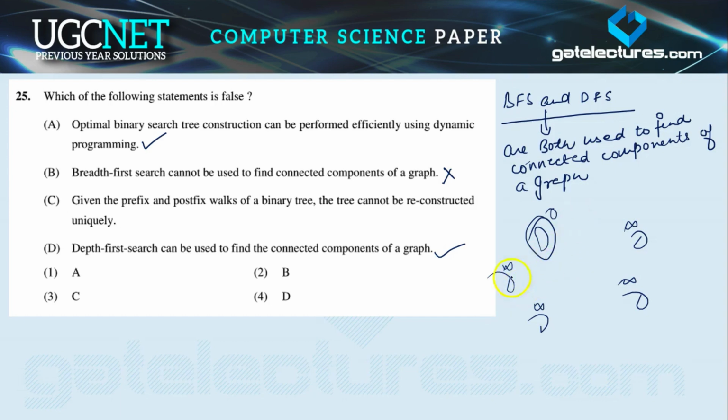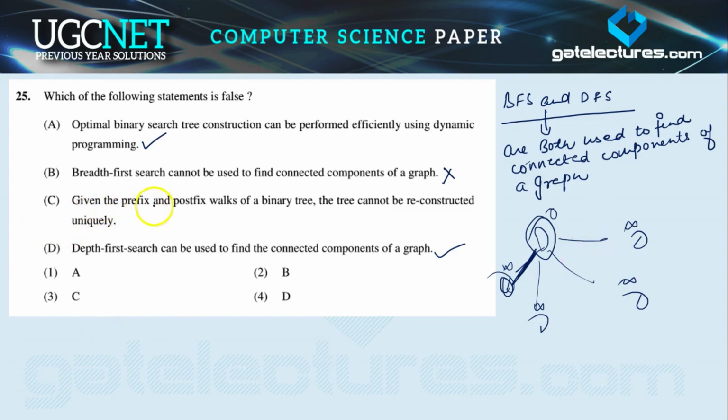If the distance from the source to that node is still infinite, it means that this node is not connected to the source node, so we can say that it is not a connected graph. This is how we identify whether a graph is connected or not.